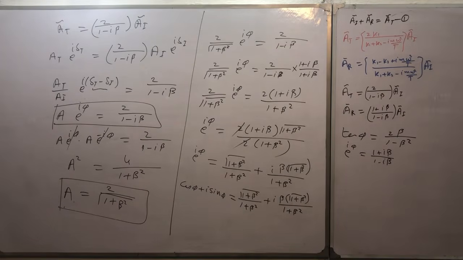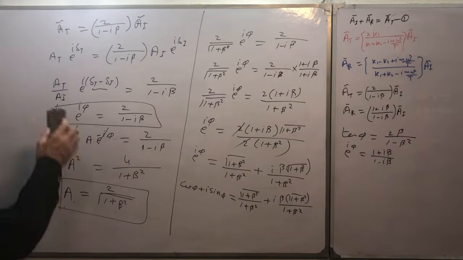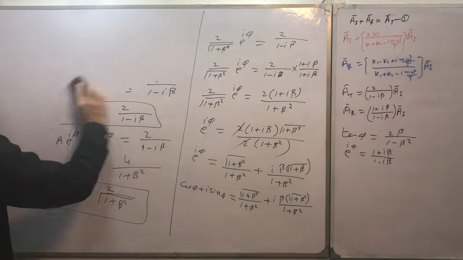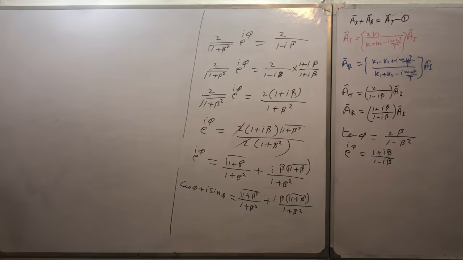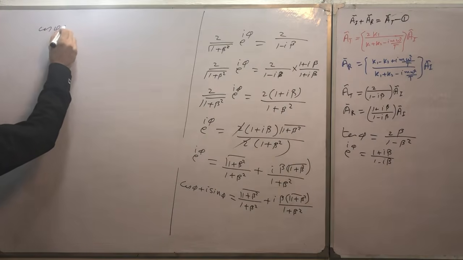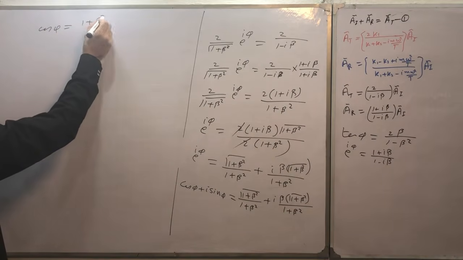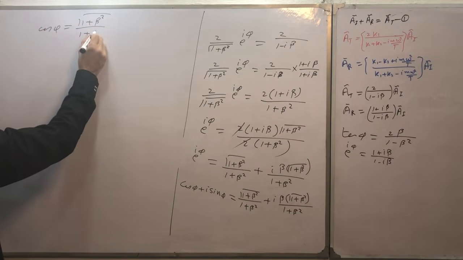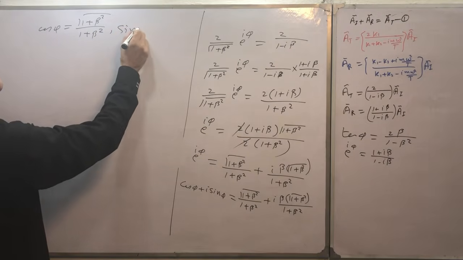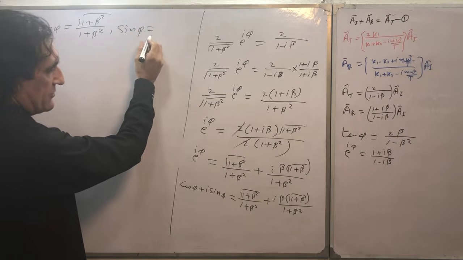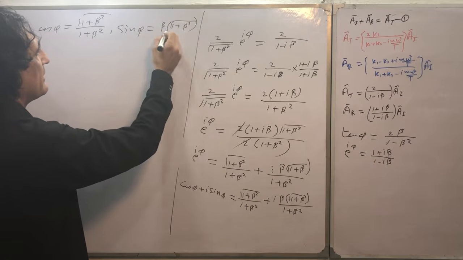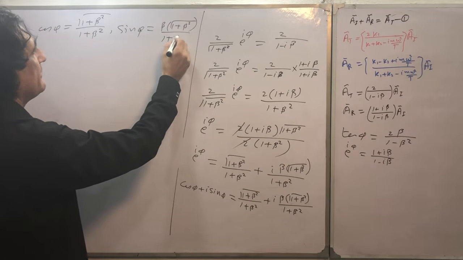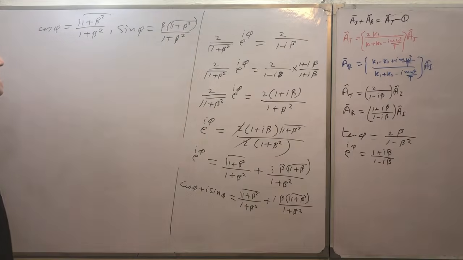So the real and imaginary parts we can write down separately. Here cos φ is equal to 1 over √(1 + β²), and sin φ is equal to β over √(1 + β²).